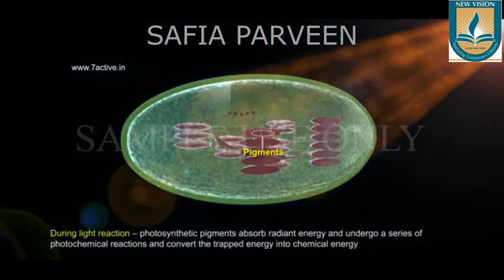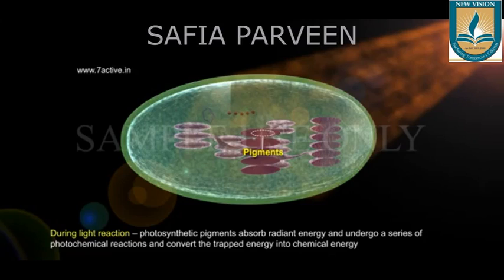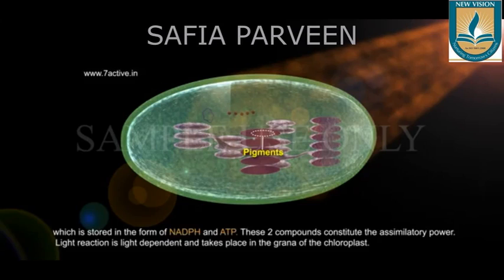What happens in the light reaction? In the light reaction, the photosynthetic pigments present in the thylakoid membrane absorb the light energy and undergo a series of photochemical reactions to convert the trapped light energy into chemical energy. That is nothing but NADPH and ATP.